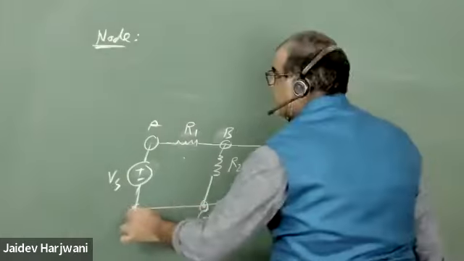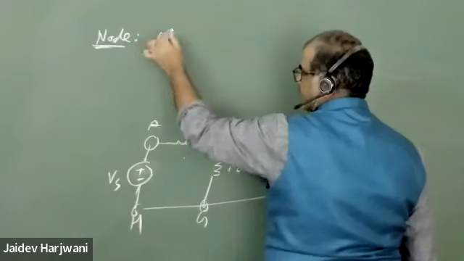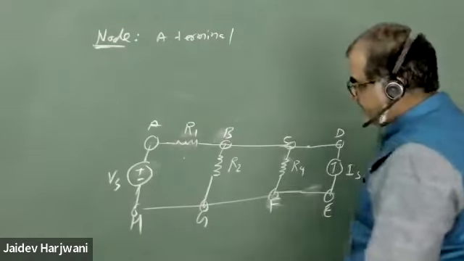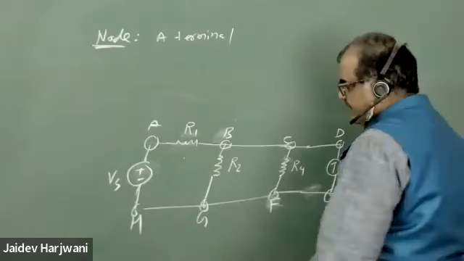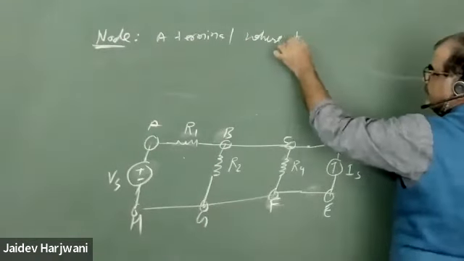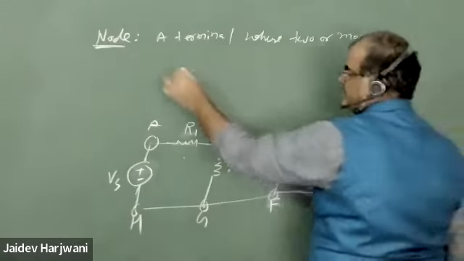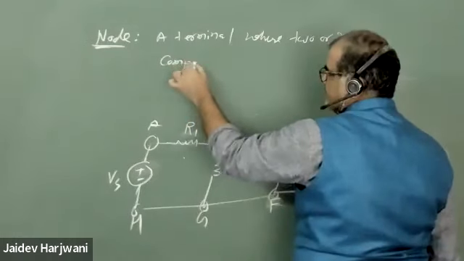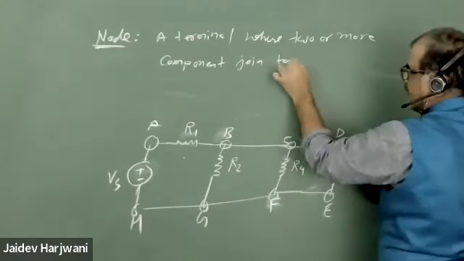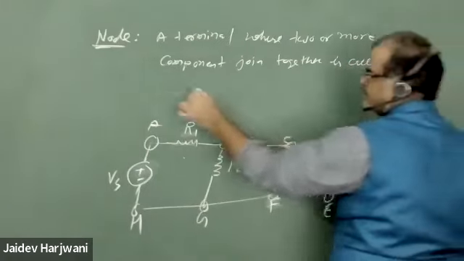A terminal between two components, or you can say a terminal where two or more network elements or components are joined together, is called a node.